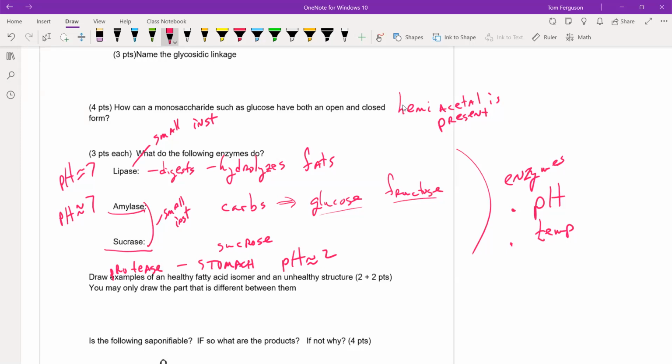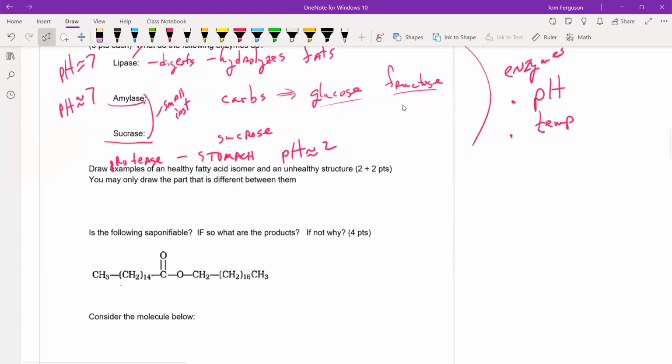When your pH is off or the temperature is off, the enzyme's activity falls way off. What I mean by activity is, what is the enzyme supposed to do? Is the enzyme supposed to hydrolyze the fat or hydrolyze the carb? If the pH is off, it won't do that very well.